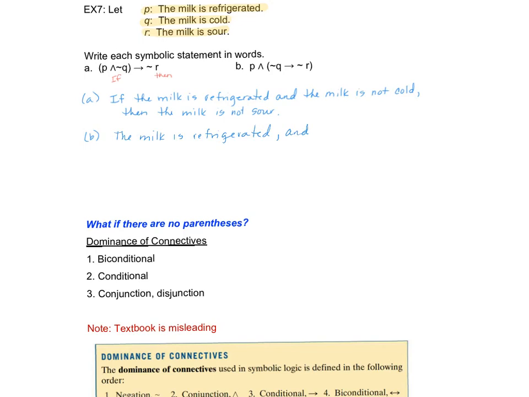So notice that in this case, the if and the then are in different places in this statement. And if not Q, the milk is not cold. Then not R would be the milk is not sour.